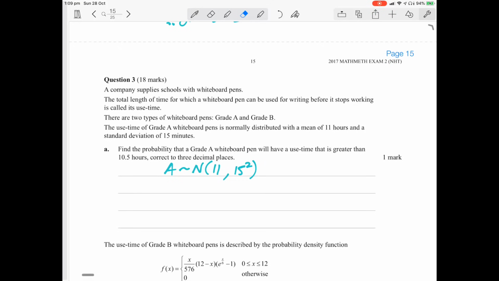So one's in hours, one's in minutes. So 15 minutes. What's that, a quarter of an hour? So that's going to be 1/4 squared. So the probability that A is greater than 10.5.